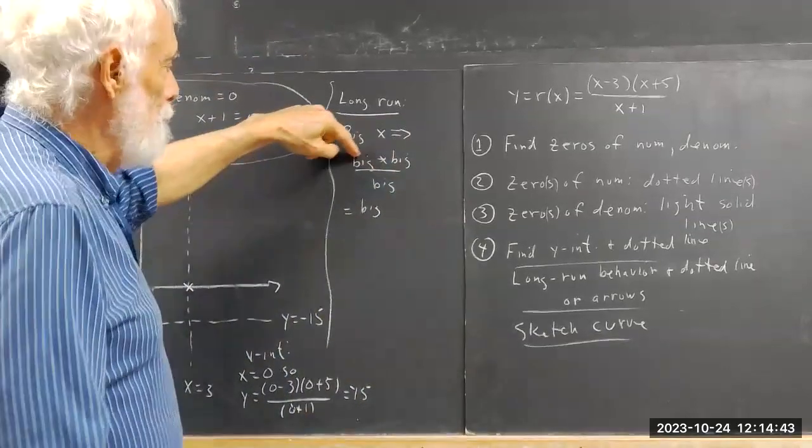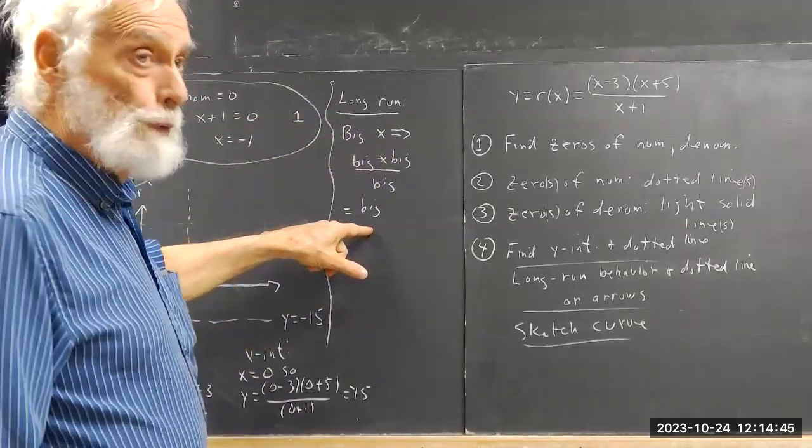It's like big times big divided by big, and that equals big. The value is going to get really big.